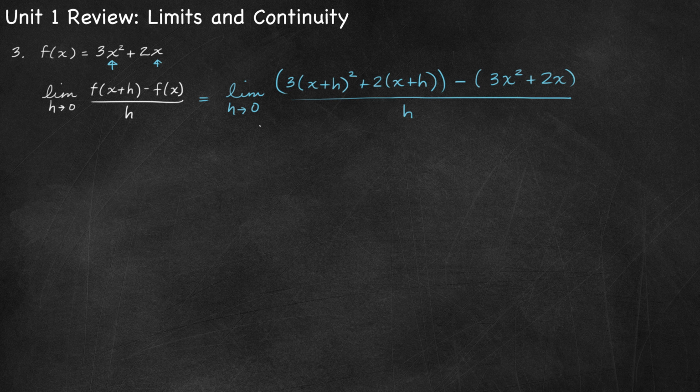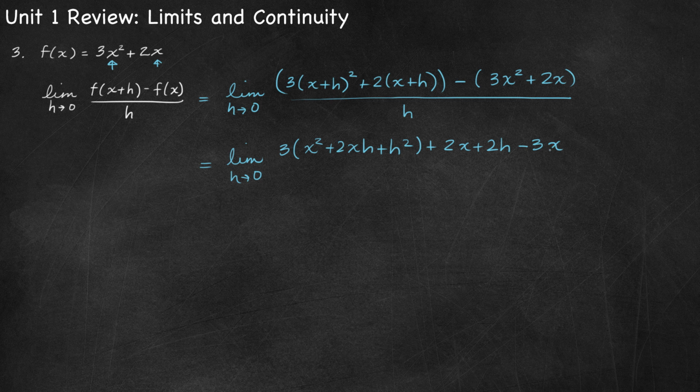So substitution at this point is going to have us dividing by 0. So we're going to simplify this algebraically. X plus h, that quantity squared, is x squared plus 2xh plus h squared. Then I'll distribute the 2 in the next part. So it's 2x plus 2h. Then I'm going to distribute the negative sign in this last part.